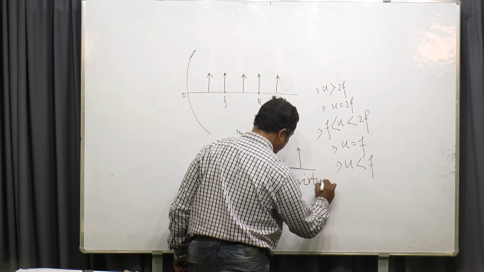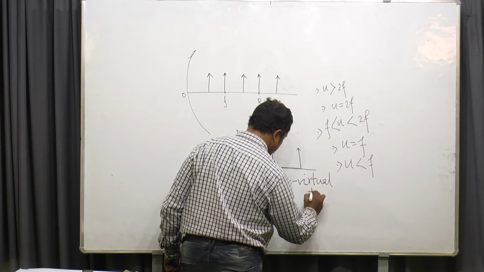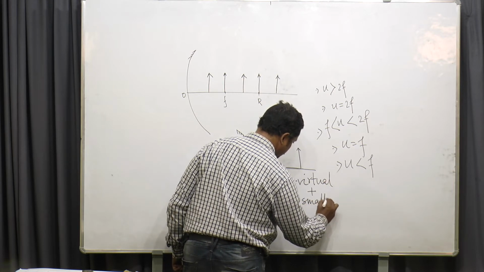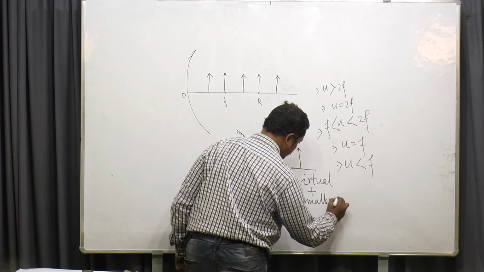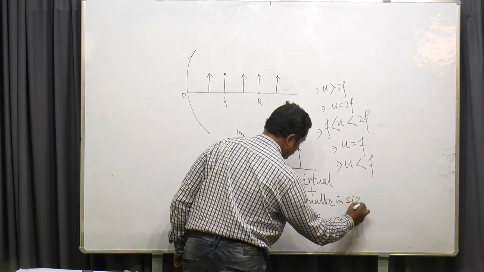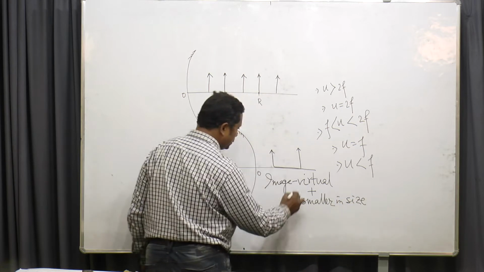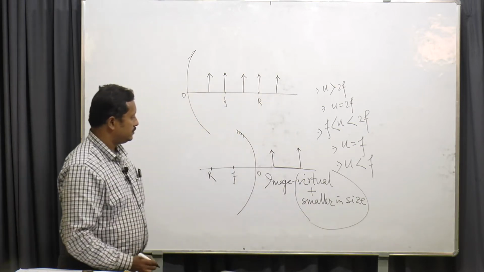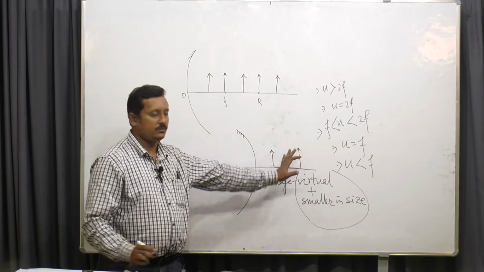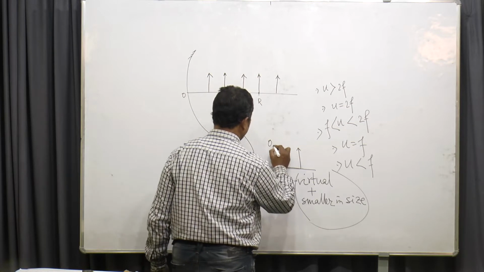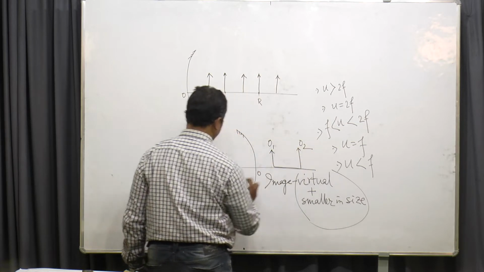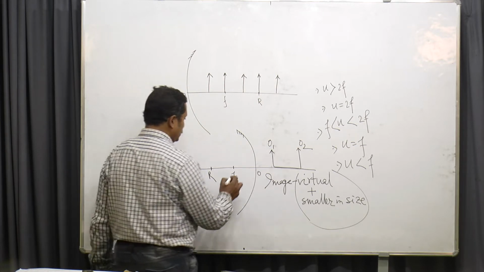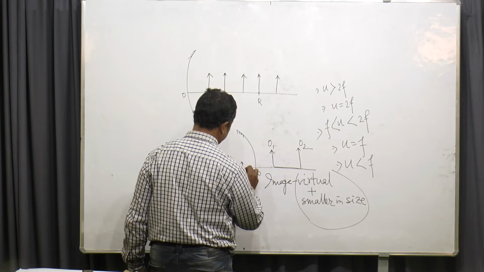virtual and also smaller in size. So these two things happen for convex mirror. Wherever you put your object, here or here, all the time you will get the image like this.